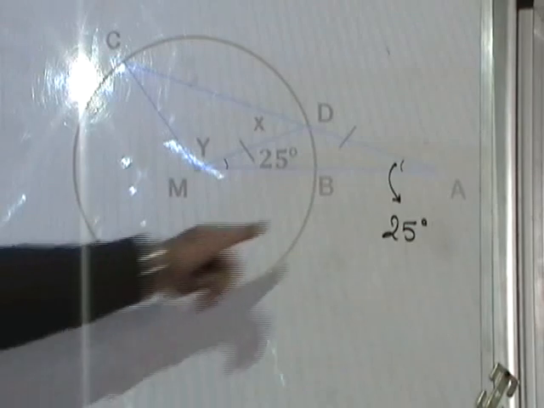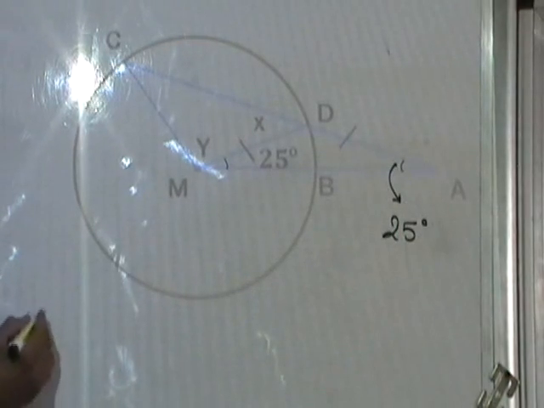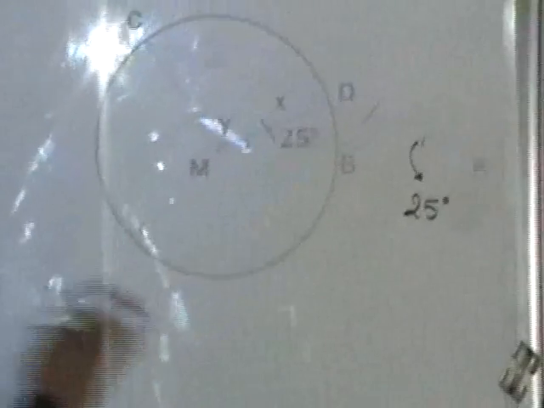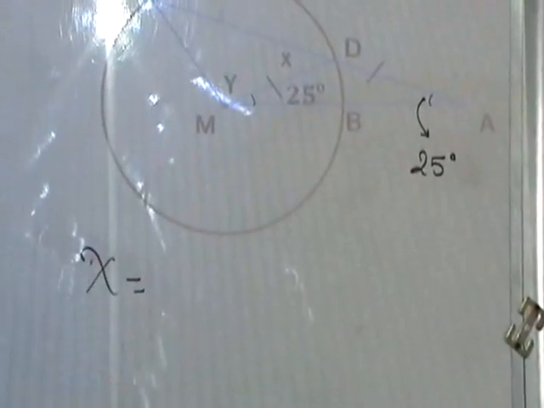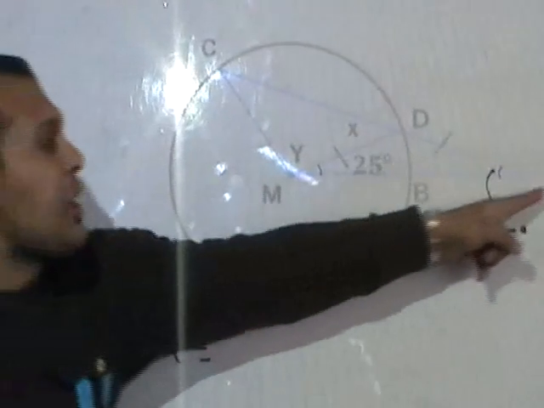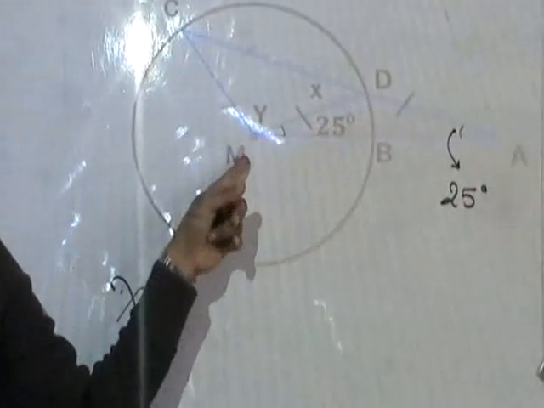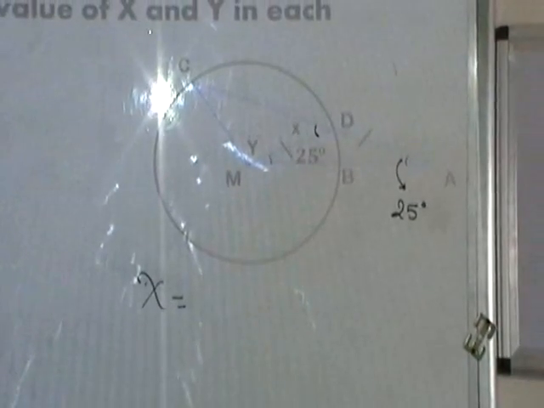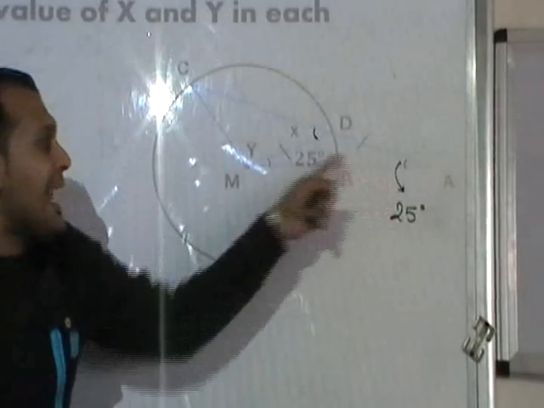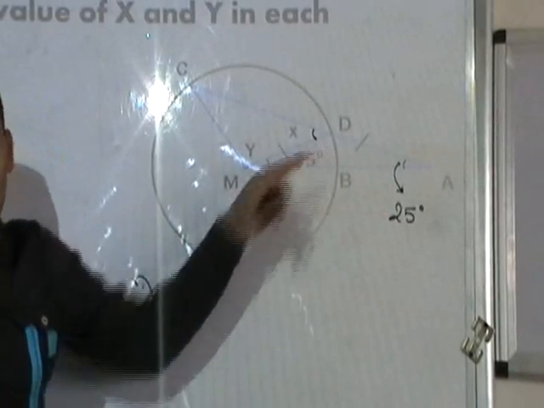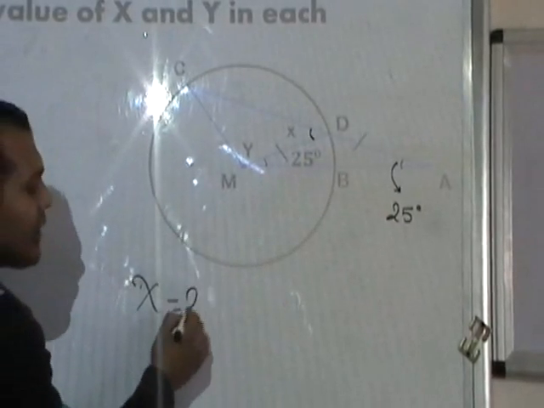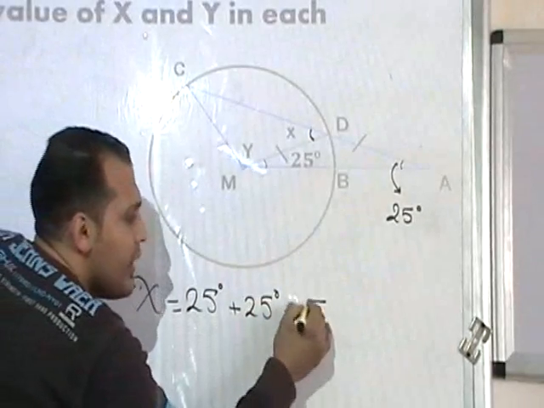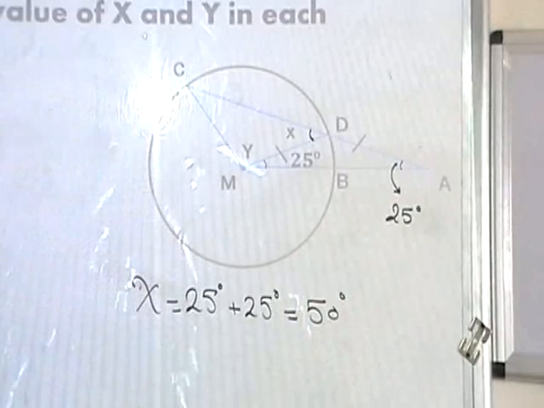From having the measure of angle A equal to 25, you can say that x is an exterior angle for the triangle ADM. So this exterior angle equals the sum of the measures of the interior angles except the adjacent. So we can say that x equals 25 plus 25 equals 50 degrees.